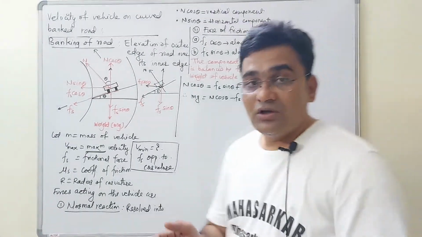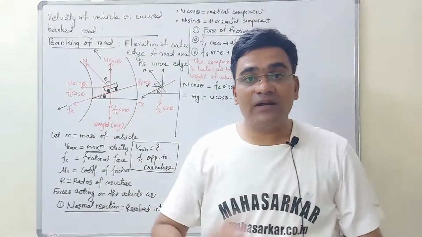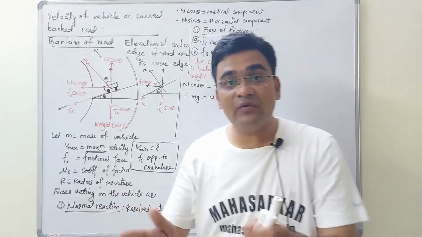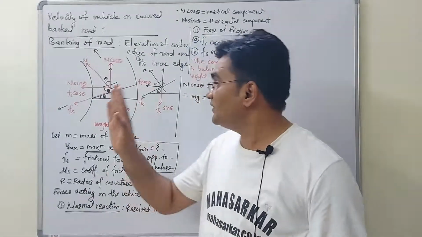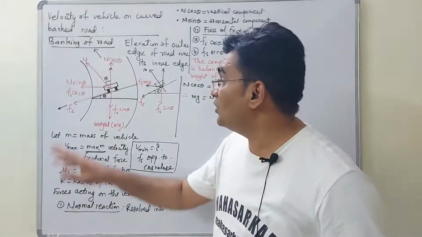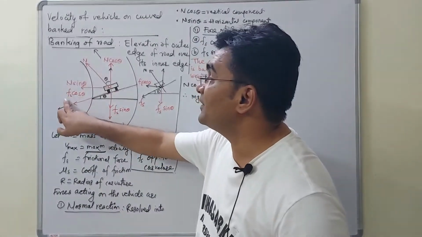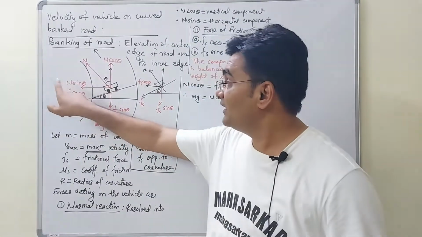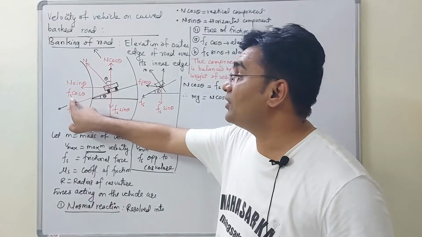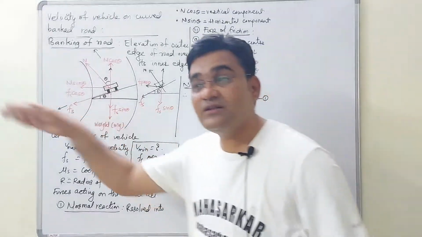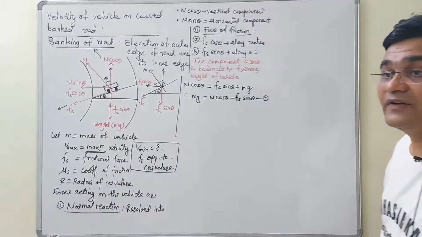Now we are moving along the curved track. When we move along a curved track, which force is required? Definitely we require centripetal force. Which components of forces are responsible for that? Again I will say N sin theta and Fs cos theta, because they are along the direction of the center of the circle.